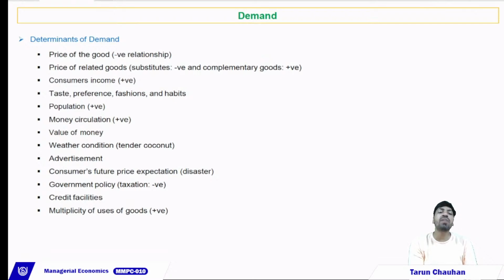The next one is value of money. Definitely, the value of money would also fluctuate, whether it increases or decreases according to the market situation. The next one is weather condition. Here the example is tender coconut.